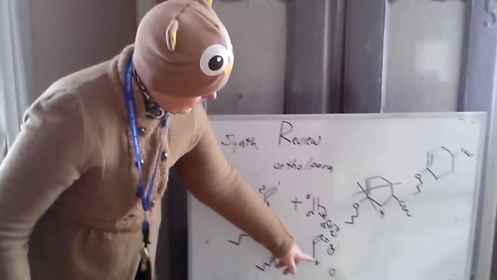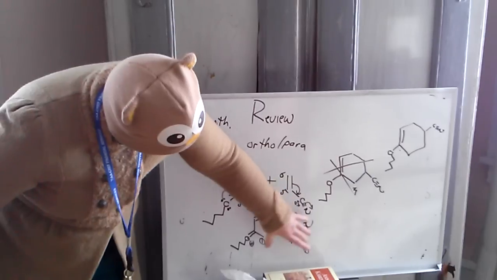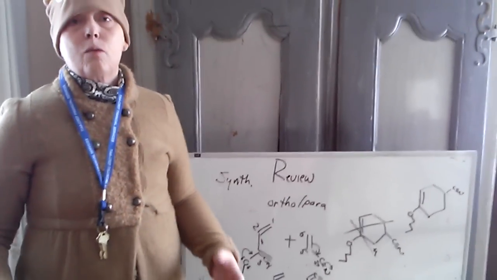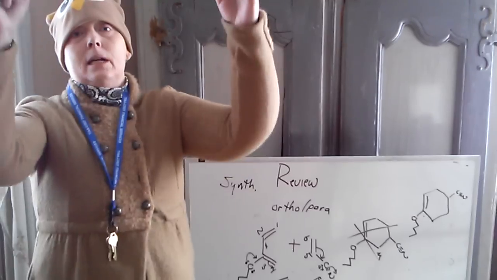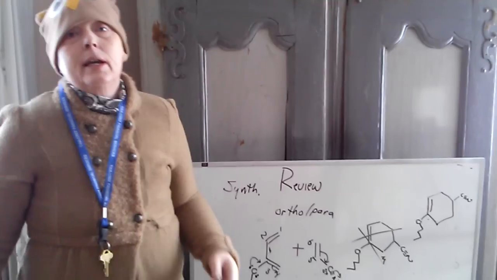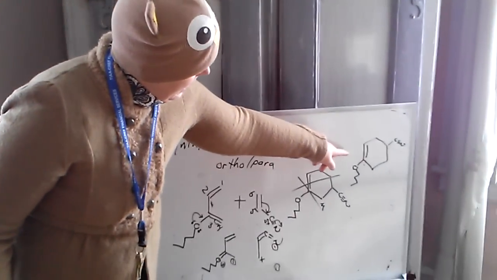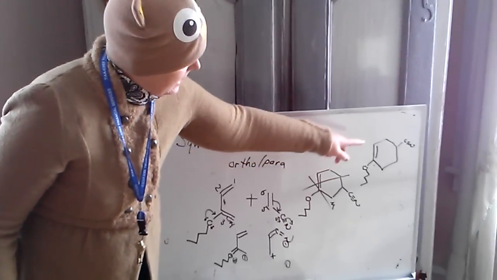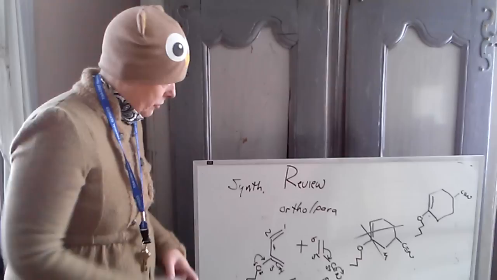That's not the best bond angles there, but what I'm saying is it's going to line up so the plus and negative get together. And that's why we like to have a donating group on one piece and a withdrawing group on the other piece. That makes them more attracted to each other, and it also helps them line up properly. So that's why that product dominates, because that lineup is a better lineup from a charge distribution.